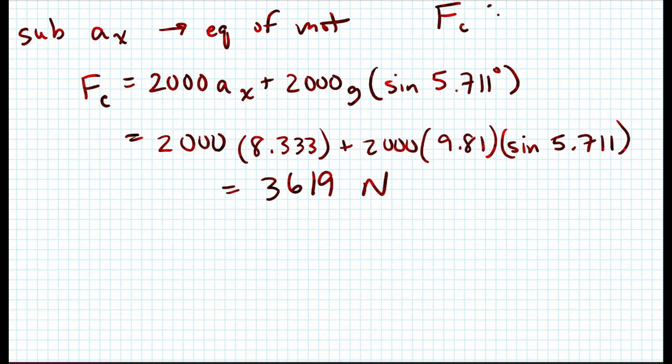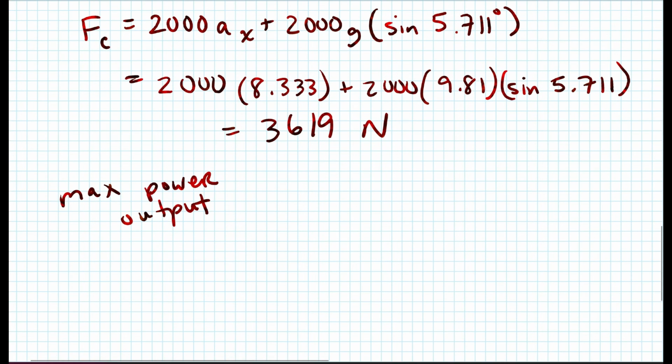Now we'll go to the maximum power output. This is calculated by multiplying the driving frictional force and the car's final speed.